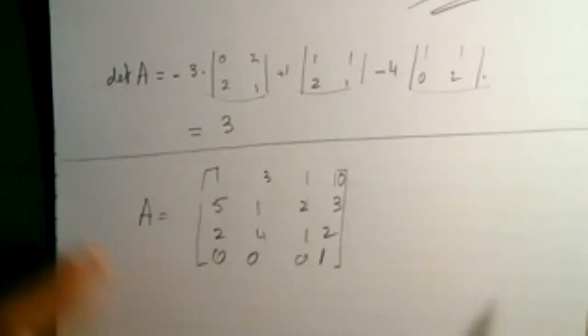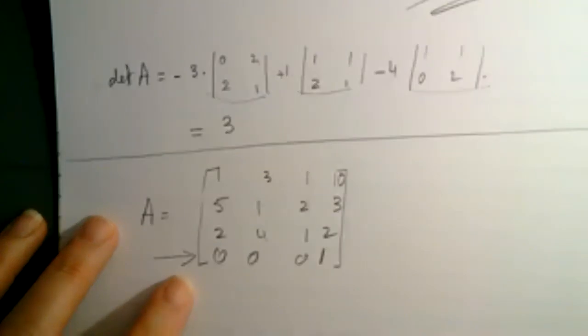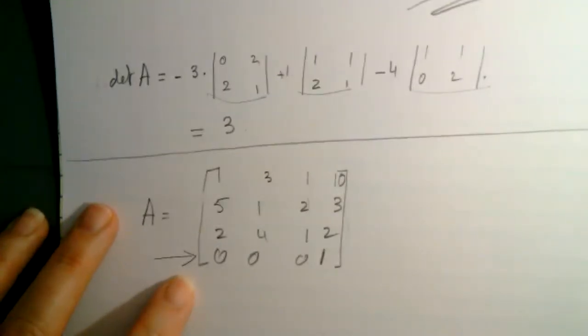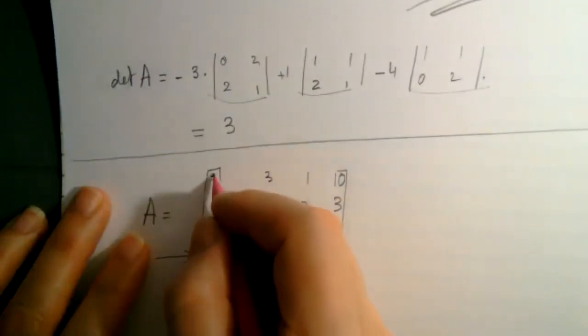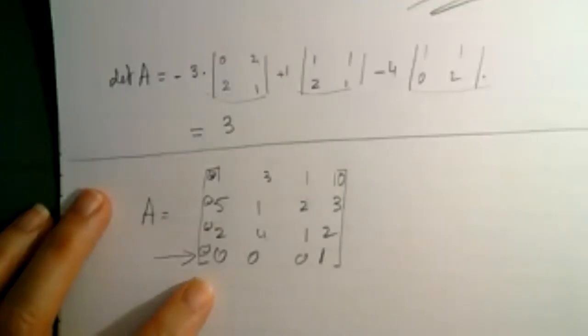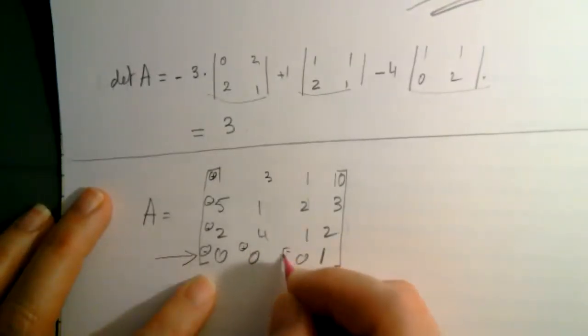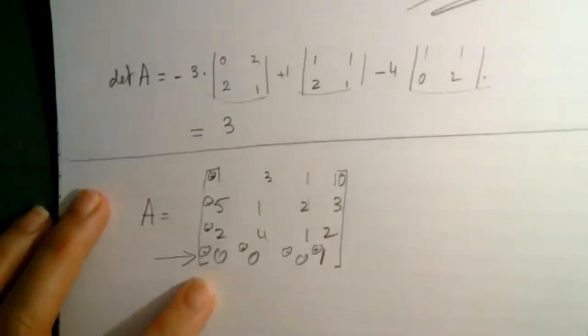So the idea is we don't have to do that. We can choose this row to do the determinant because it has a bunch of zeros. The only thing I have to worry about is making sure I get the sign, the plus or minus part of the cofactor, straight. Minus, plus.